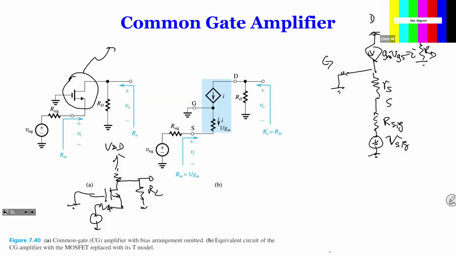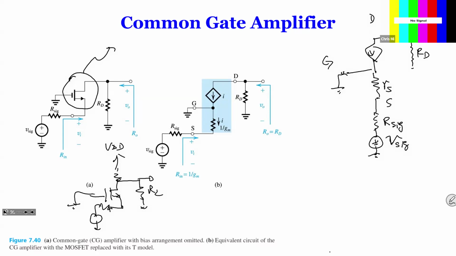Often, sometimes we have RL connected over here, and we also have sometimes RO, which is the resistance connected also. But if that's the case, it changes a little bit. But over here, we're going to just have RL connected. All right. So this is the circuit that we have.